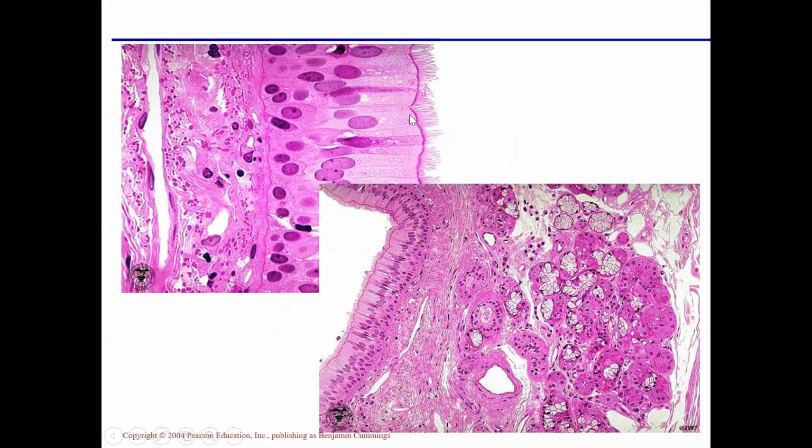Pseudostratified ciliated columnar cells. Good. And you have long cilia here facing the lumen. And then, of course, here's the basement membrane. That is another key characteristic for pseudostratified lining.